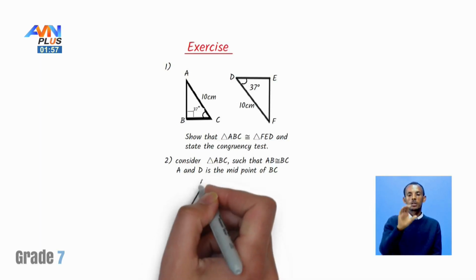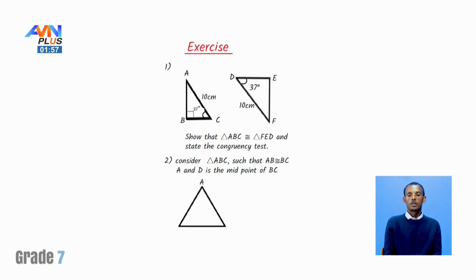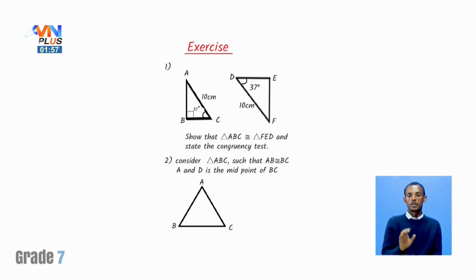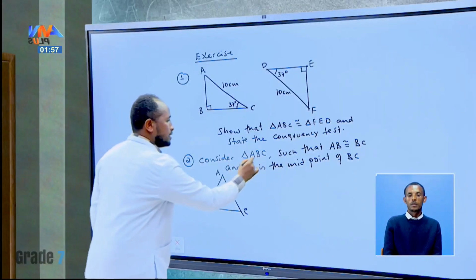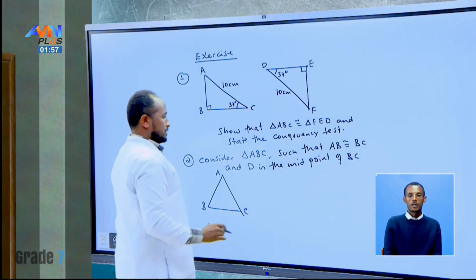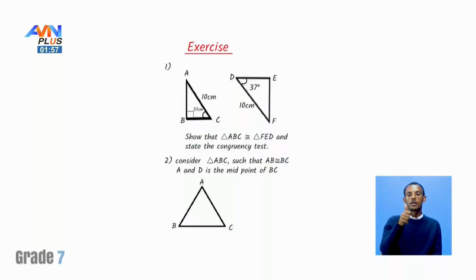Here is a triangle, A, B, C. AB is congruent to AC.